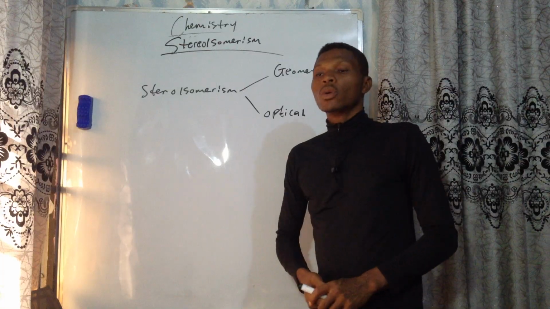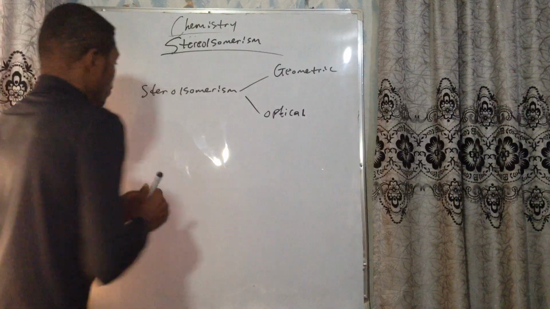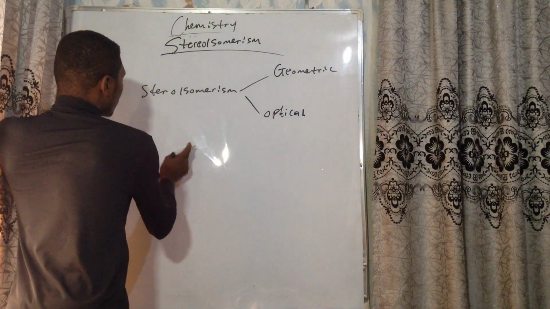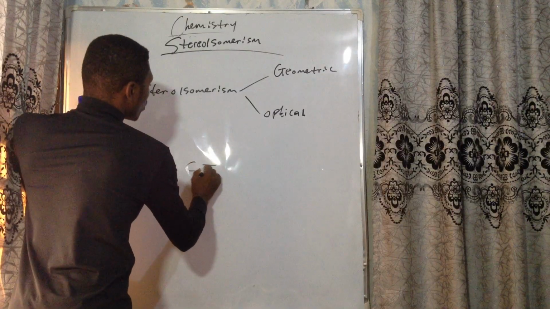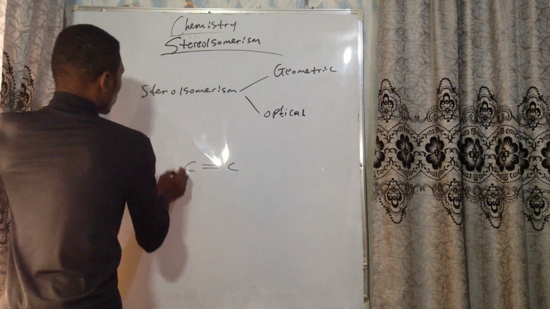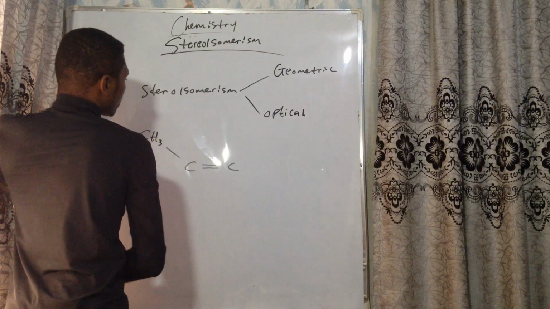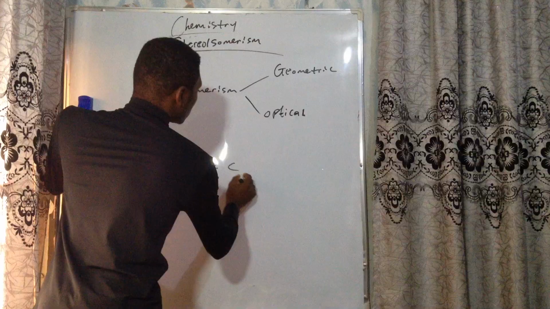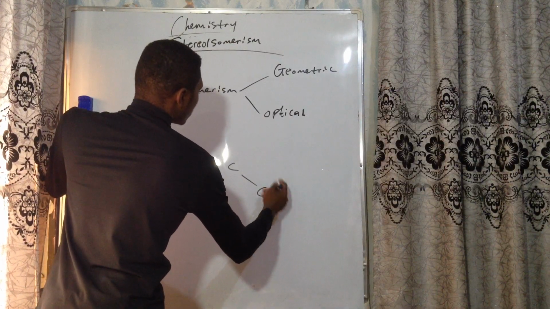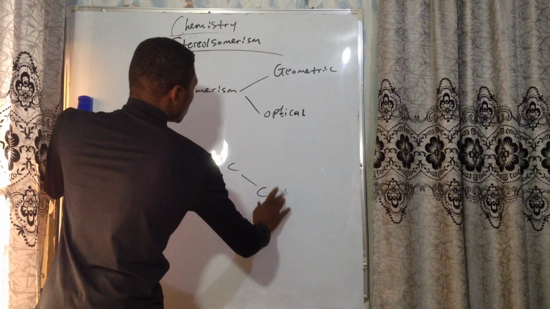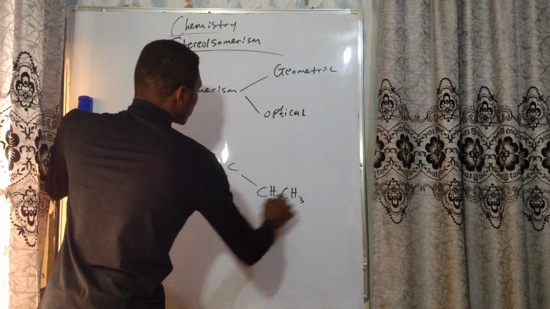Okay, so in geometric isomerism, look at the example here. Take for instance, we have something like this. First of all, let me put the double bond. So let's say we have here CH3, we have here C2H5, or let me just break it down to CH2, CH3.